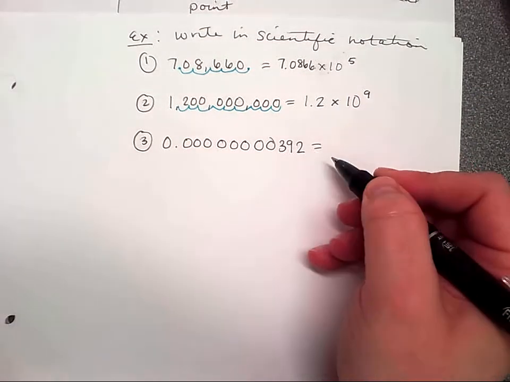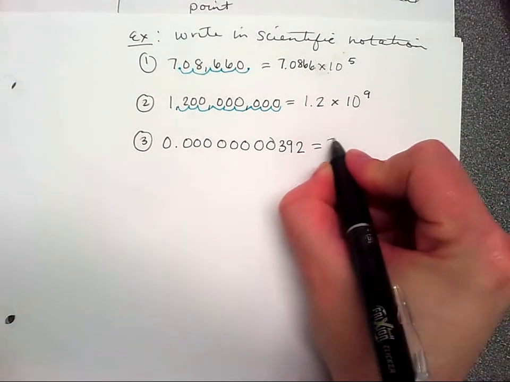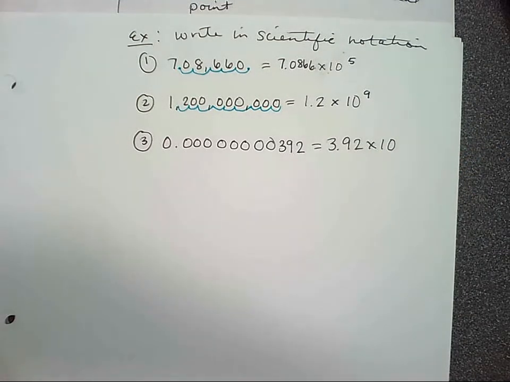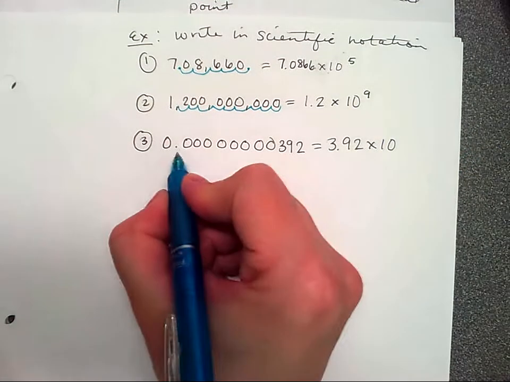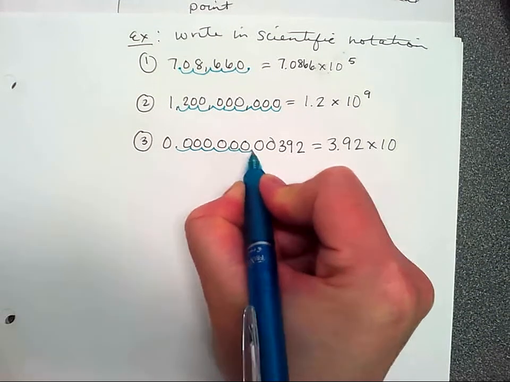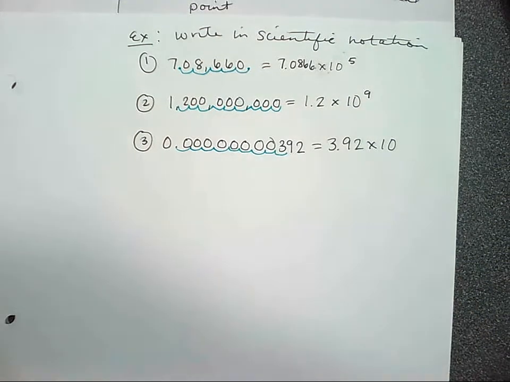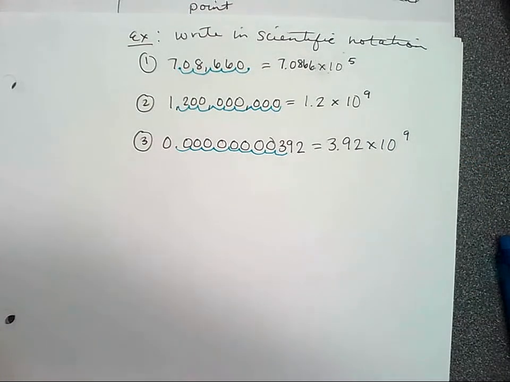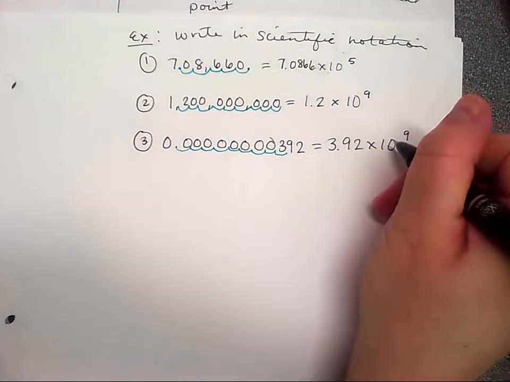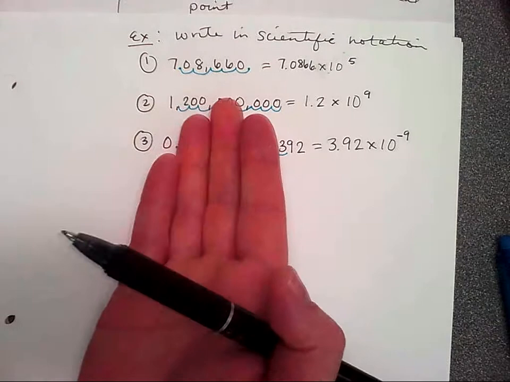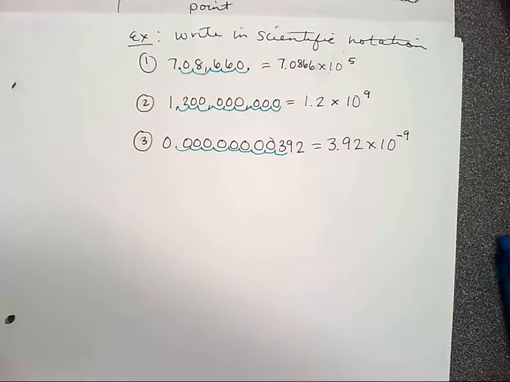My number is going to be 3.92, right? 3.92 times 10 to the, I see everyone squinting to see exactly how many zeros there are. 1, 2, 3, 4, 5, 6, 7, 8, 9. So I'm moving it to the right because it's a very small number, so this needs to be a negative exponent. Right? The bigger numbers are a little easier to count with all the commas.